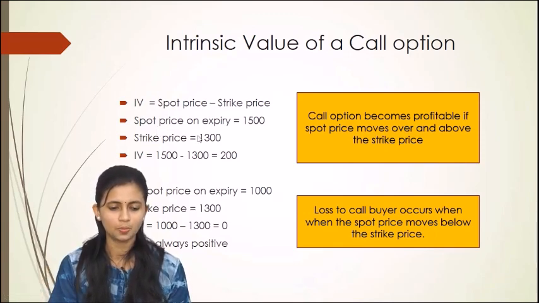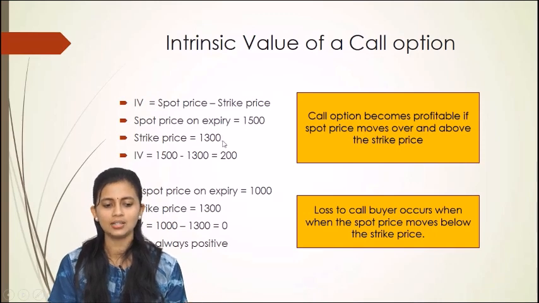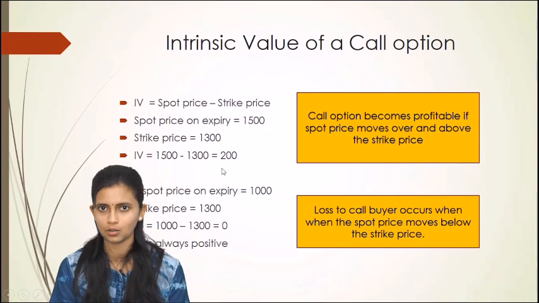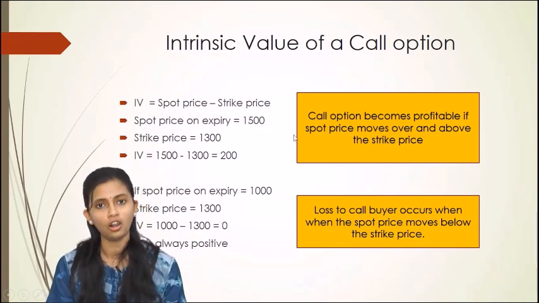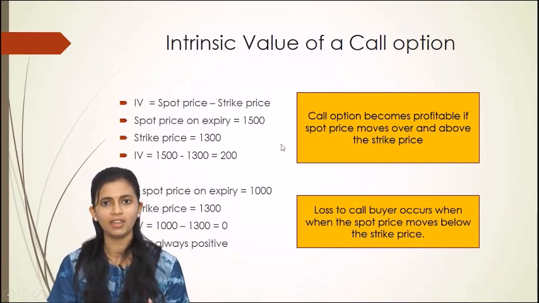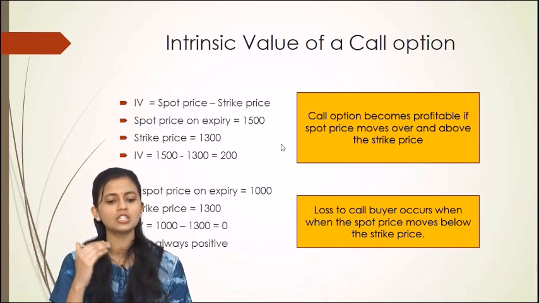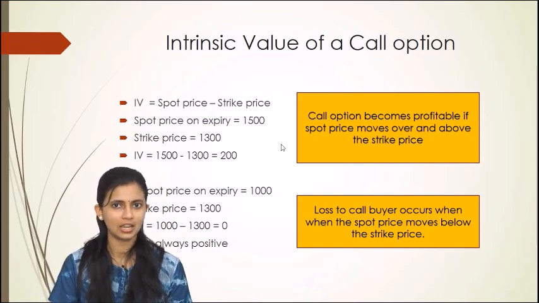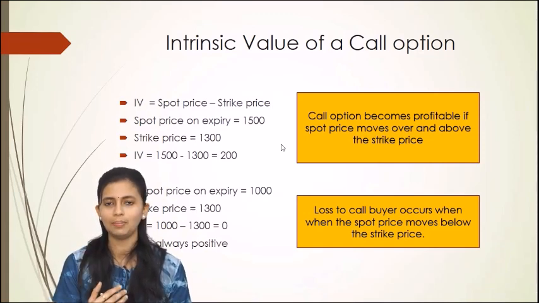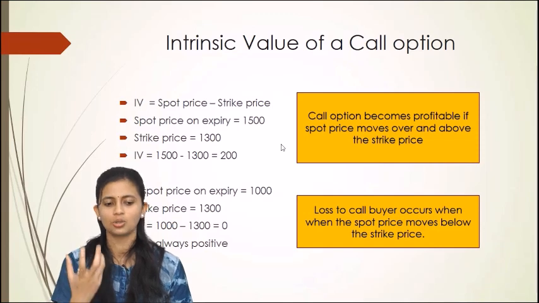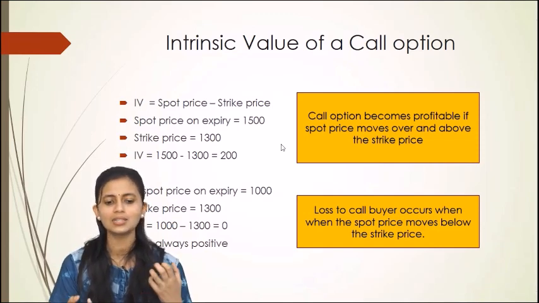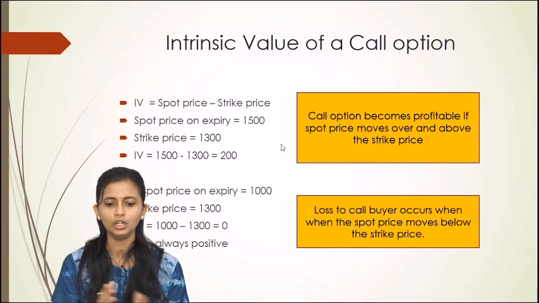That is, if the spot price on expiry is say 1500 and the strike price is say 1300, then your intrinsic value is 1500 minus 1300, that is 200, right? This is for call options. Call options is where we expect the price to go above the strike price, right? So our spot price will be more than the strike price, and the intrinsic value is the spot price minus strike price, which in this example is 200.